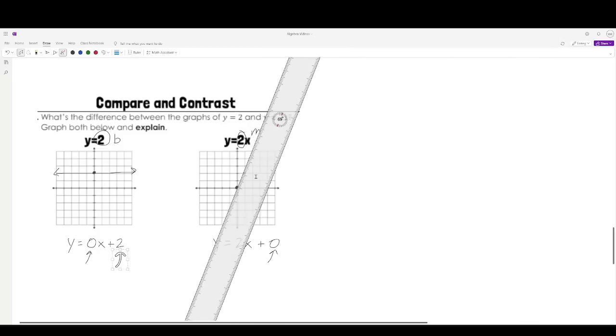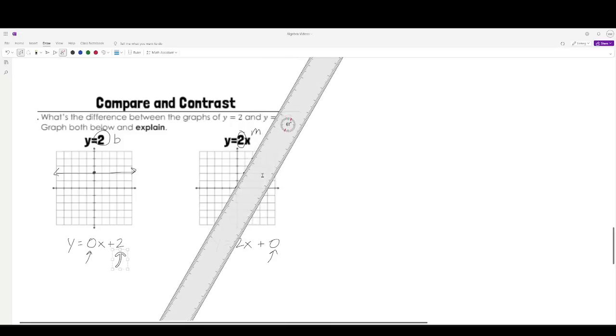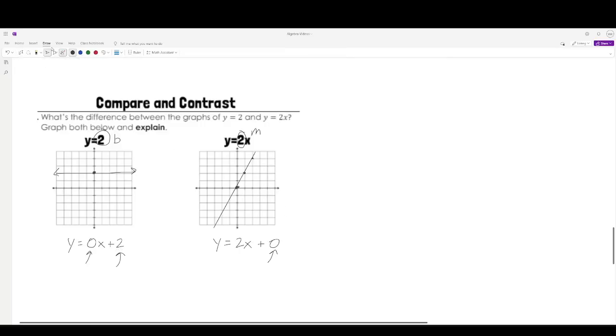So we're going to get the ruler. We're going to connect these guys about there and make our line. Okay, all of these take getting used to. So we put our arrows at the end of our ruler, and these are two very different lines. This one has a slope of 2. This one has a slope of 0.